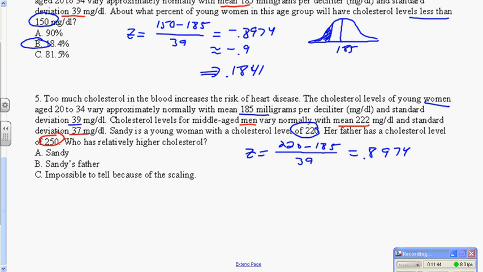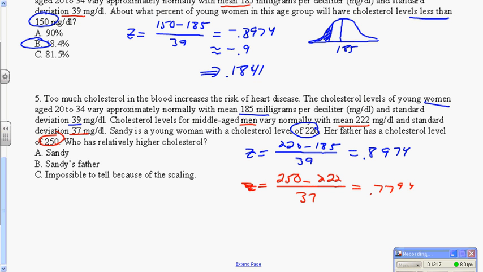Her father would be 250 minus the men's average divided by the men's standard deviation. That would give you 0.7794, or 0.77.